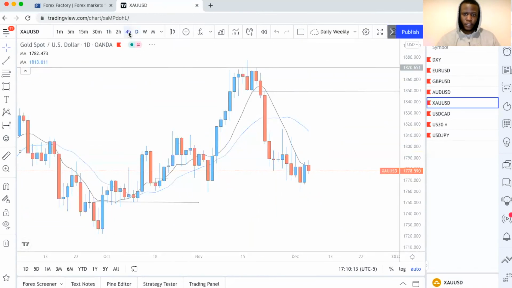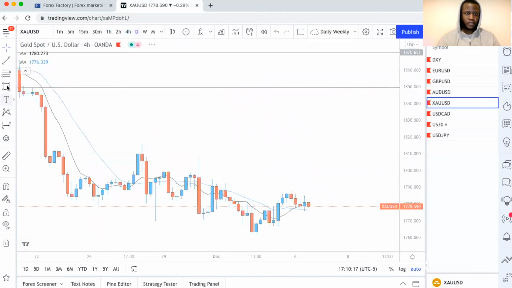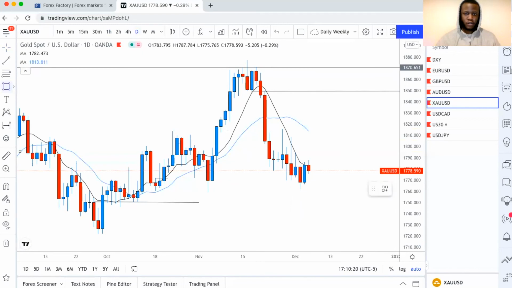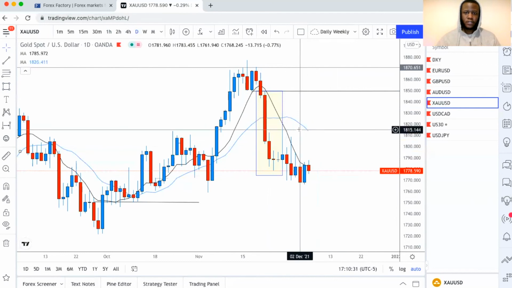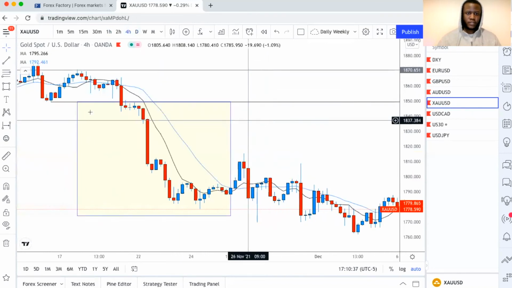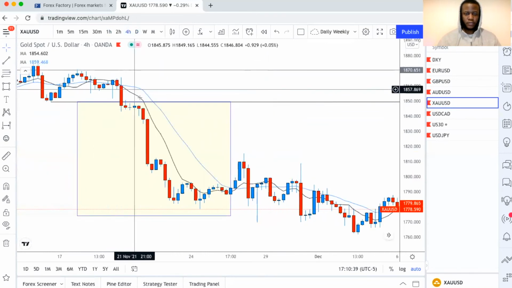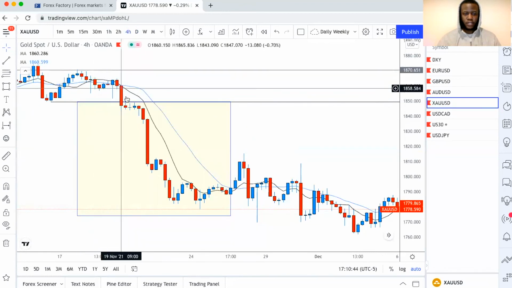Go to 4 hour. I like this actually. So all of this is on the downside. As well, the 4 hour is on the downside. So like I said, you wait for the pullback and you can sell.